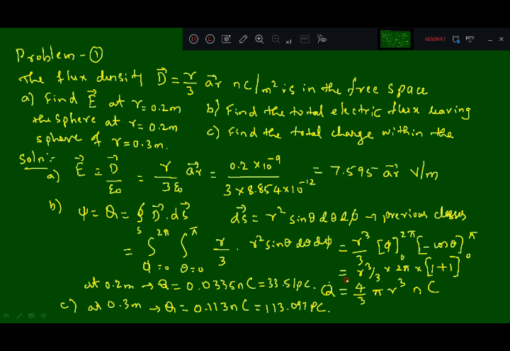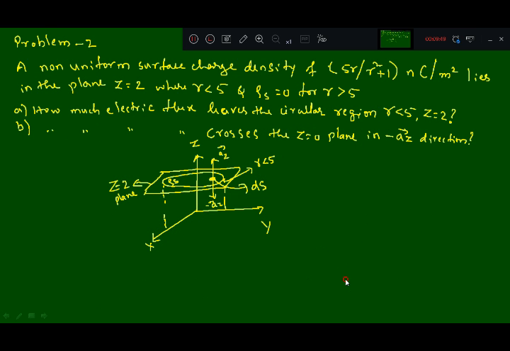So one more problem we are going to solve, this is the problem statement. Non-uniform surface charge density of rho s equals 5r divided by r square plus 1 nanocoulomb per meter square lies in a plane z equal to 2, where r is less than 5 and rho s is 0 for r greater than 5. The diagram is shown here.